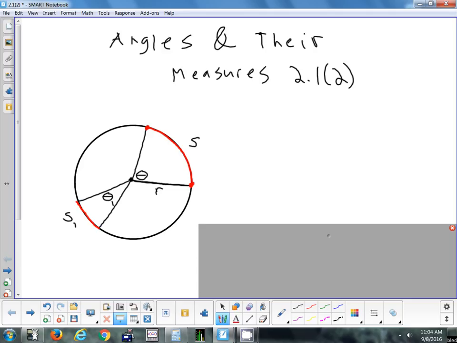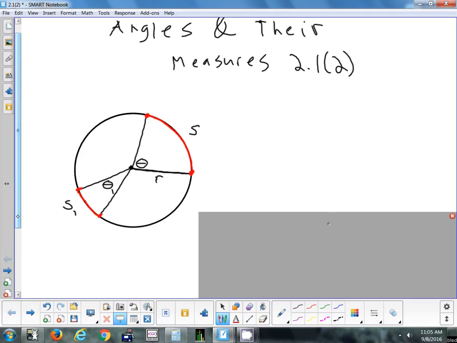The rays come out, and they hit the circumference of the circle right there, and I have another arc, and I'm calling that one S1. All right, so what we need to figure out here is a formula to find the length of an arc.